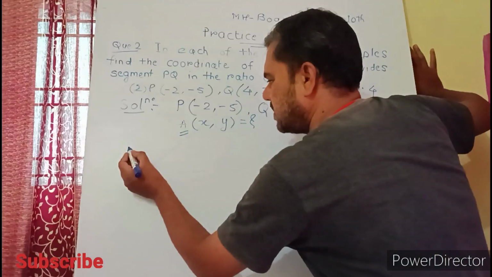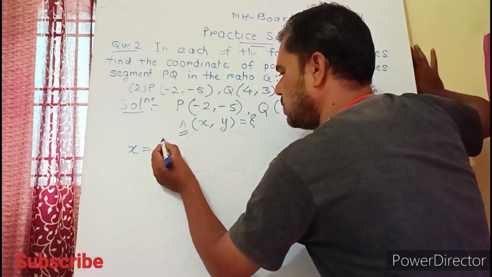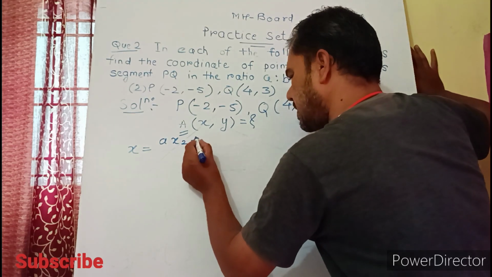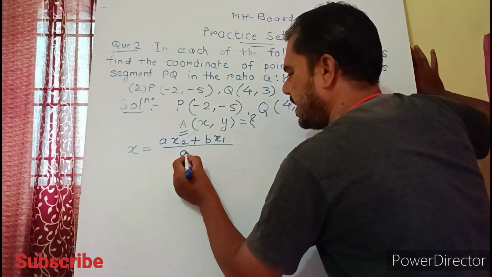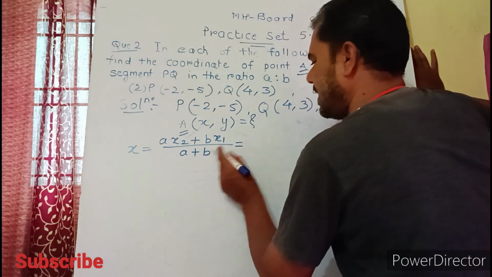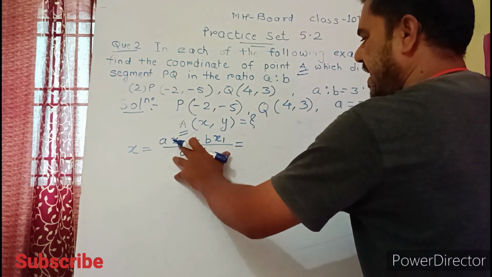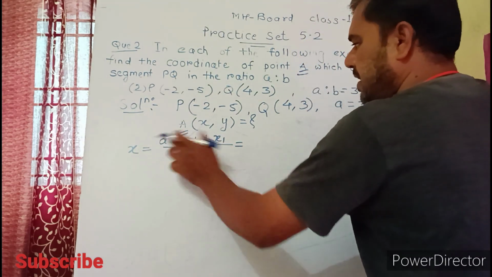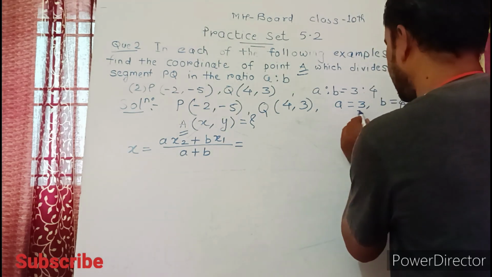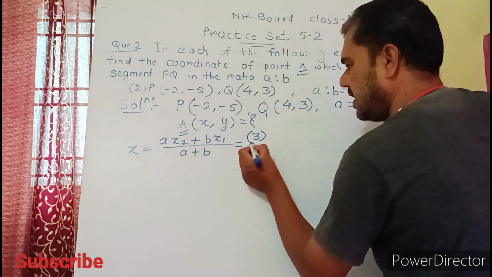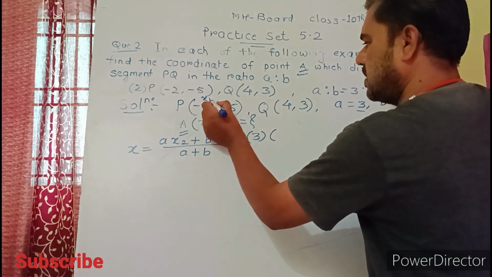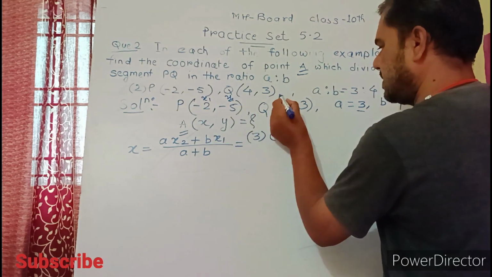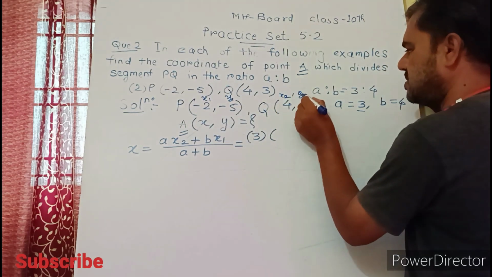Now by the section formula, x equals a x2 plus b x1 divided by a plus b. Now put in the values of a, x2, b, x1. The value of a is 3, put 3 into x2. Here we have x1, y1 and x2, y2.